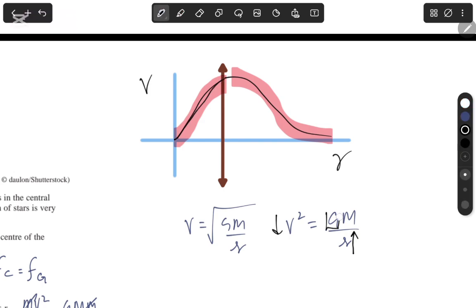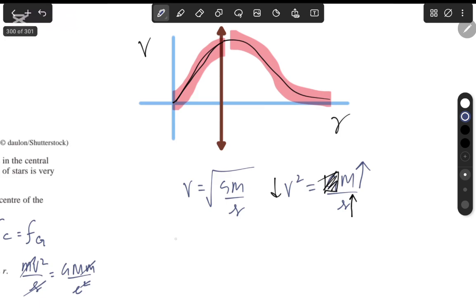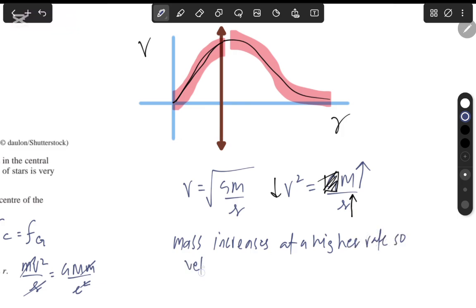Now we know our G here will remain constant, so we can ignore that. We can talk about mass. If the mass increases a lot, or at a higher rate, the velocity increases.